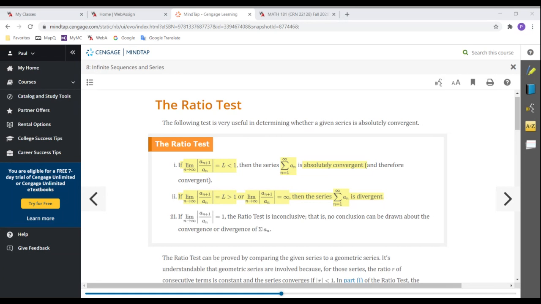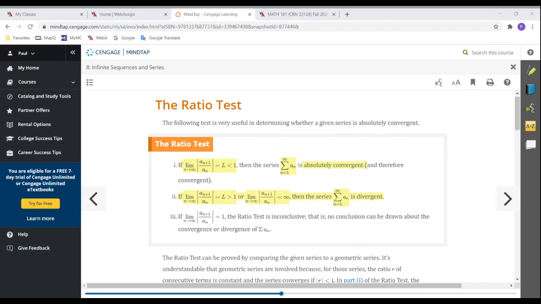Very good. And again, all you're doing with statements 1 and 2 is saying, hey, my series is behaving like a geometric series, and either the series will converge or diverge based on the common ratio.